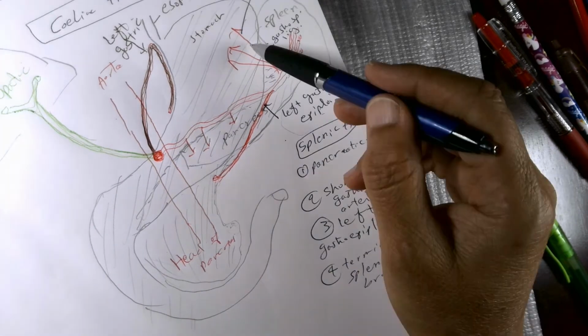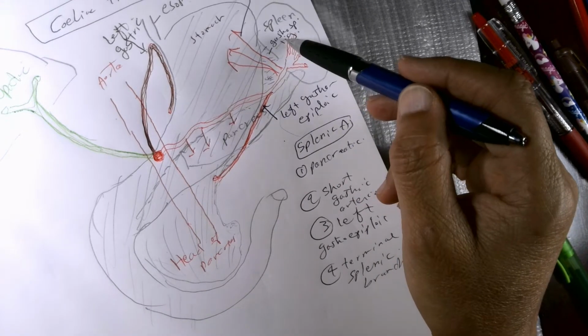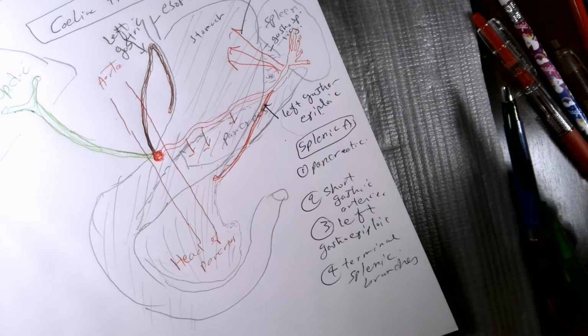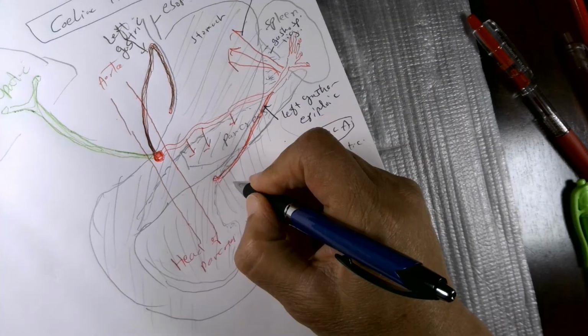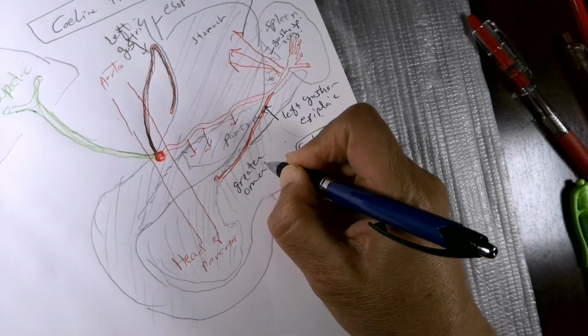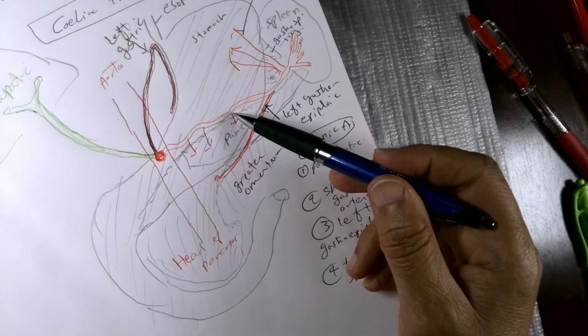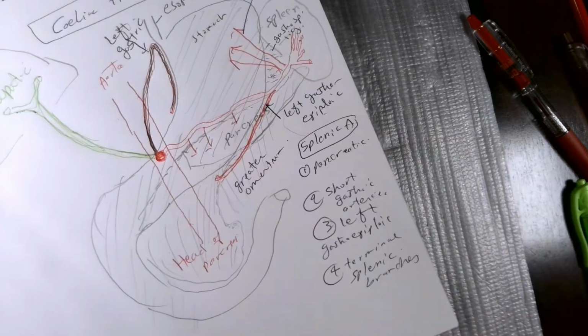Short gastric travel through the gastrosplenic ligament. Left gastroepiploic travels through the greater omentum. The pancreatic goes to the body of the pancreas. Splenic to the spleen. We're done with this part.